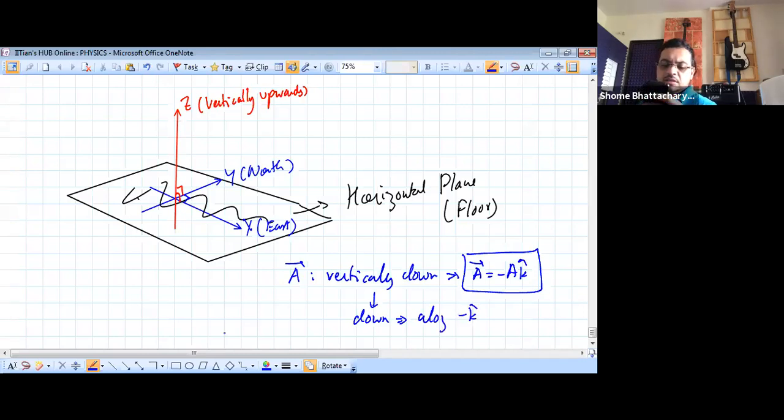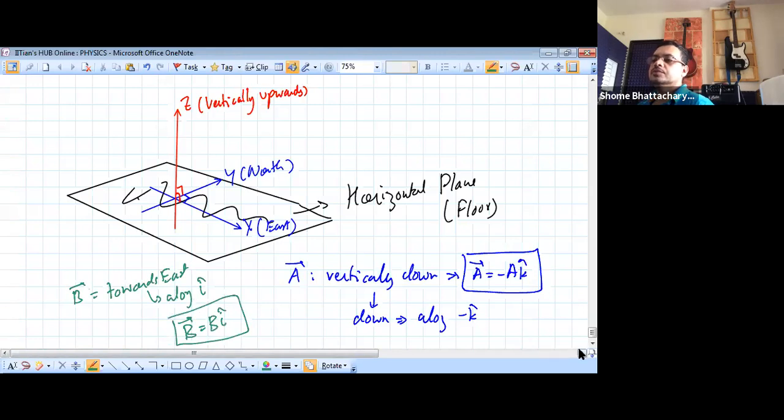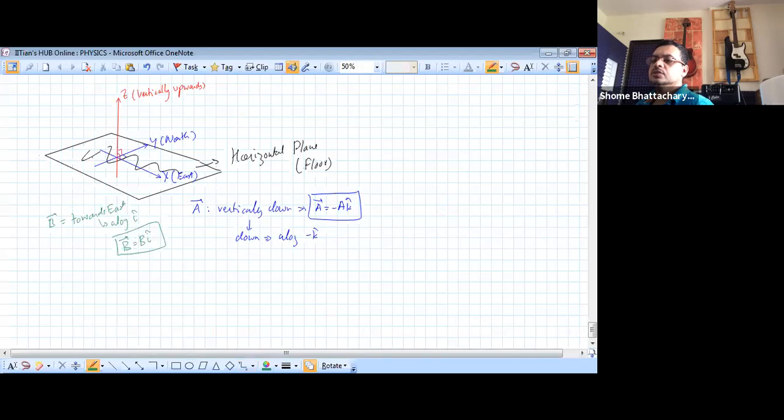And similarly B is towards east, so vector B is along i cap. So B should be equal to some magnitude times i cap. So now you can use your right hand palm rule, or you can directly use the unit vector notation. So we want to find A cross B. Okay, so this is how we will find the direction of A cross B.